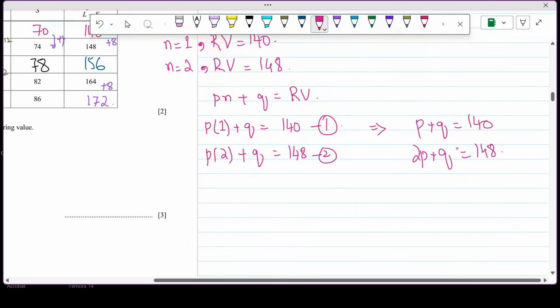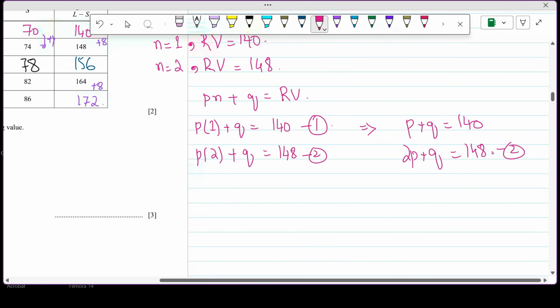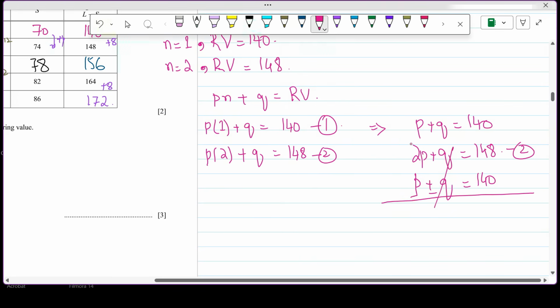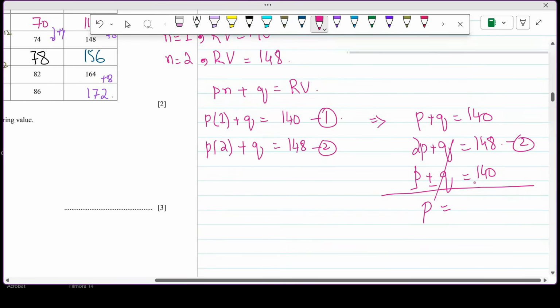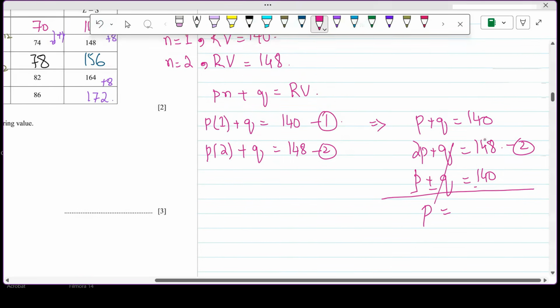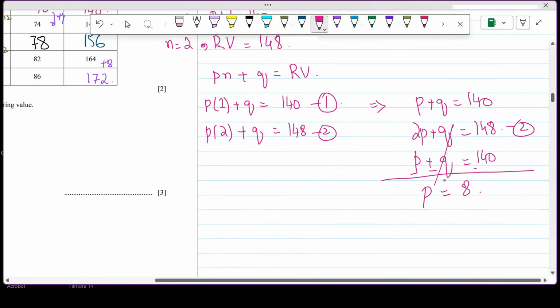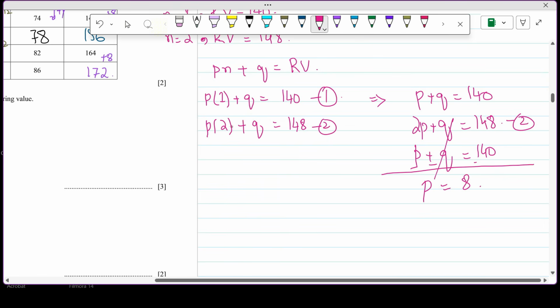Subtracting equation 1 from equation 2, the q cancels out, and we have p equal to 148 minus 140, which is 8. So p is 8.